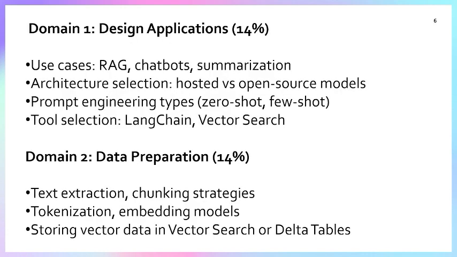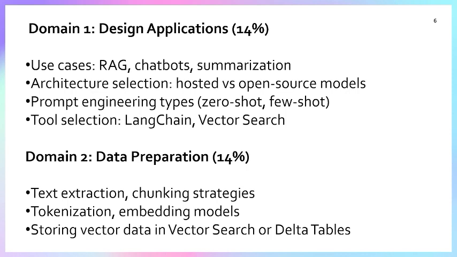Now, let's come to what domains will come. Domain 1 is design application, which covers 14%. In design application, use cases are RAG, chatbot, summarization, architecture selection, hosted versus open source models, prompt engineering types like zero-shot or few-shot, and tool selection like LangChain and vector search.